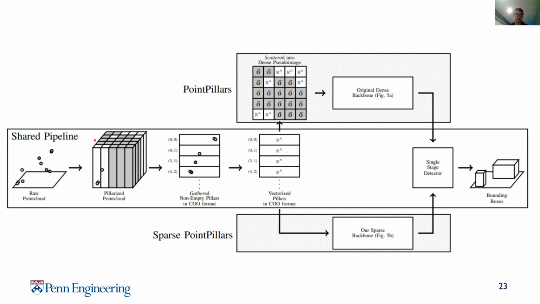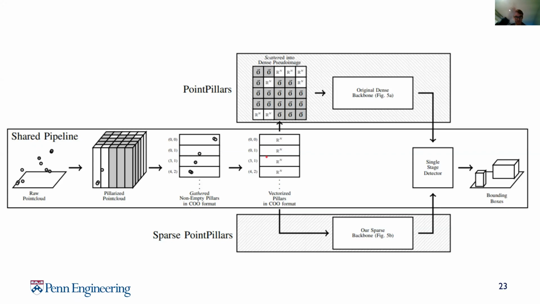So rather than representing it as a full dense matrix, you basically have a coordinate of where it would be in the full matrix, along with the points associated with it. We then run it through the PointNet style vectorizer, and we get out a sparse COO style matrix format that is what we call a pseudo image, right?